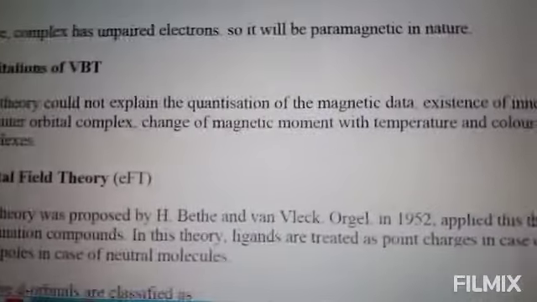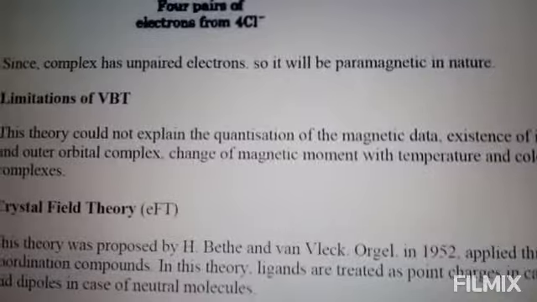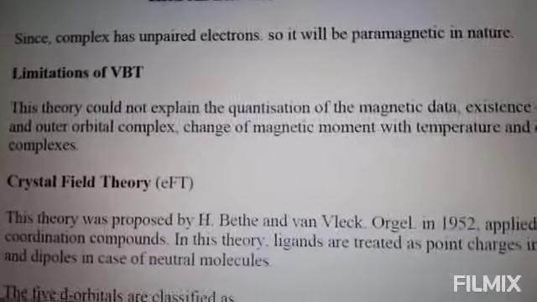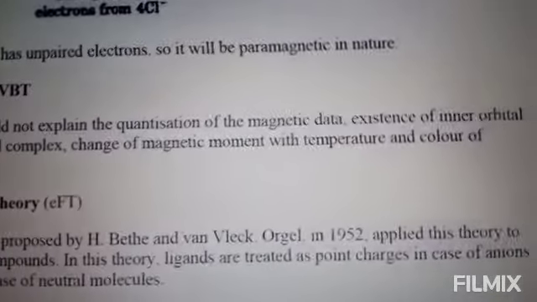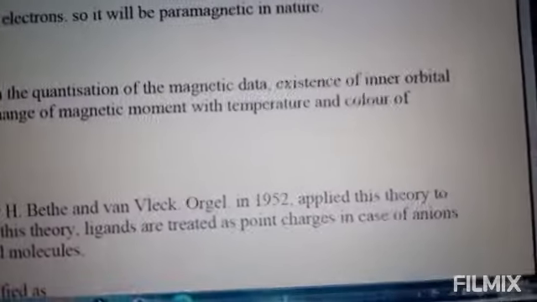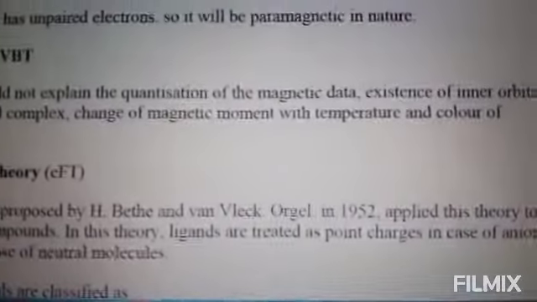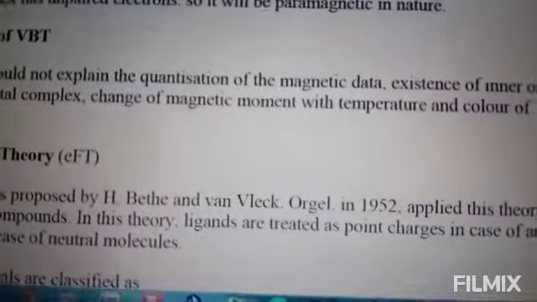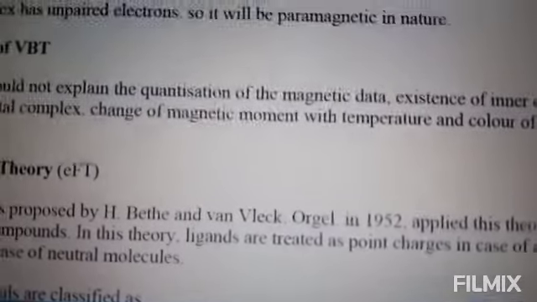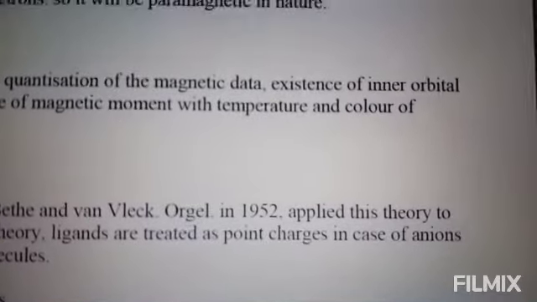Okay, in short we can say that this theory could not explain the quantization of the magnetic data, and the existence of inner orbital or outer orbital complexes. That means when it becomes inner, when it becomes outer, cannot be explained. Another one is change of magnetic moment.